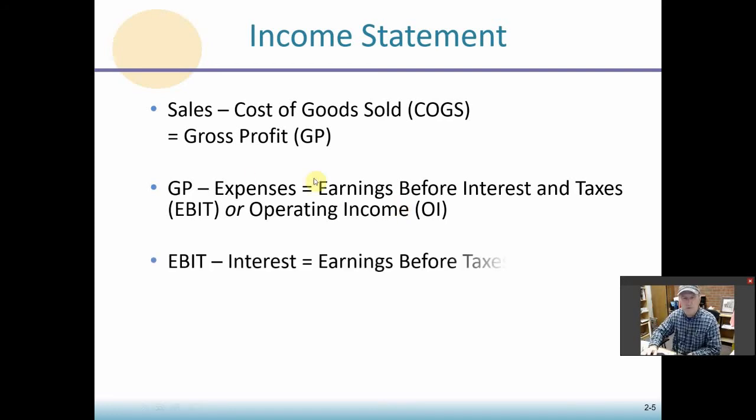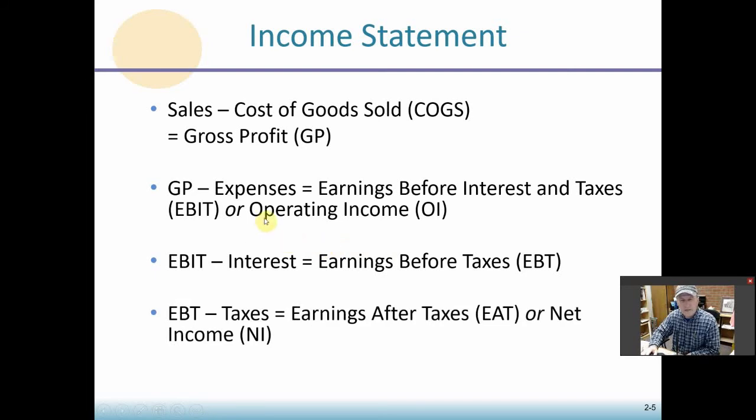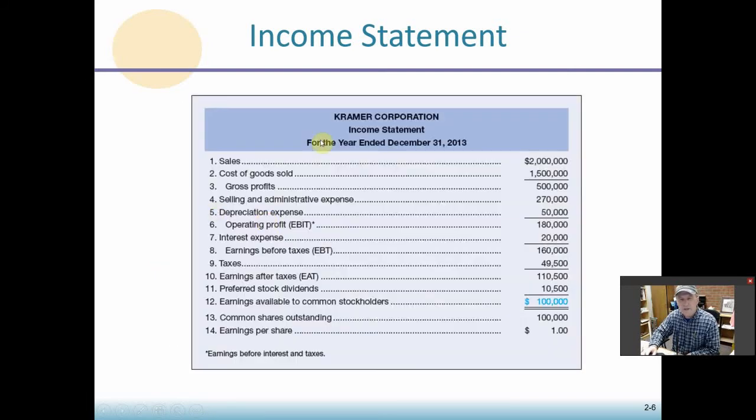From that, then we would deduct things like interest. Operating income is also oftentimes called the EBIT, or earnings before interest and taxes. And then we deduct those things, right? And that gives us our final net income. Just an example of one there that certainly you can look at. This one even breaks it down on an earnings per share basis, which would be for a corporation.